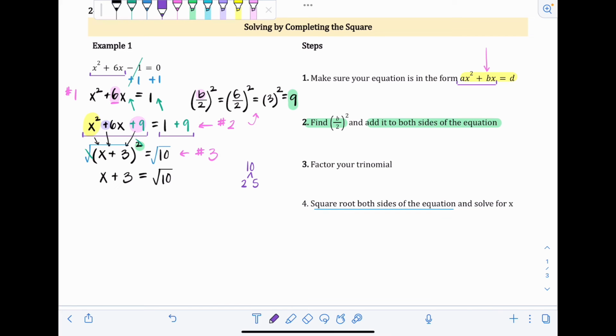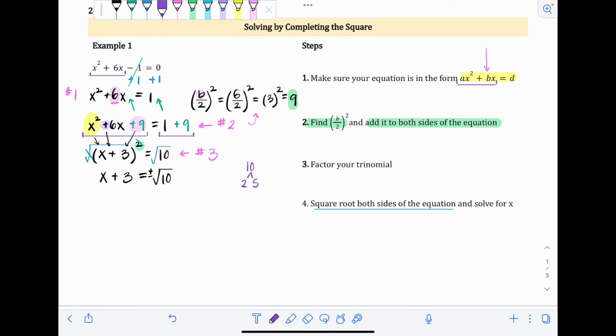Because I factored it completely, I look at my leaves, 2 and 5, and those aren't a pair of the same numbers. So I can't simplify the radical in any way because when I made the factor tree, I didn't end up with any pairs. That means that the square root of 10 is simplified as is. So I'm just going to put the plus or minus in front of it as is.